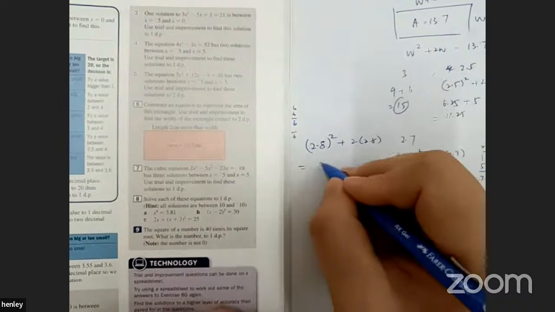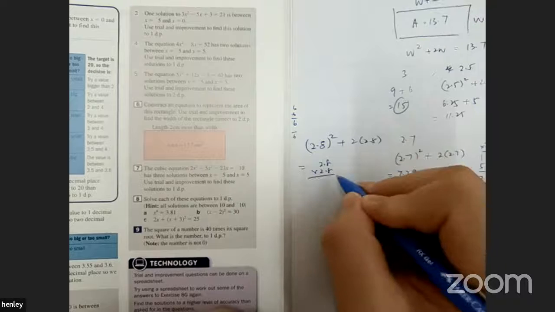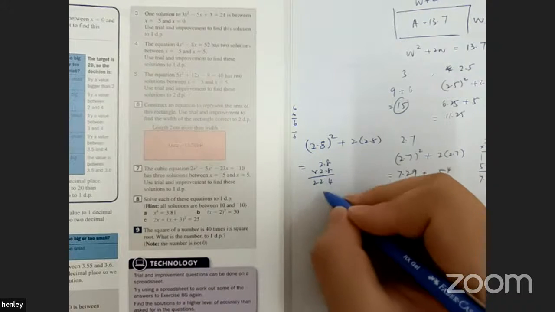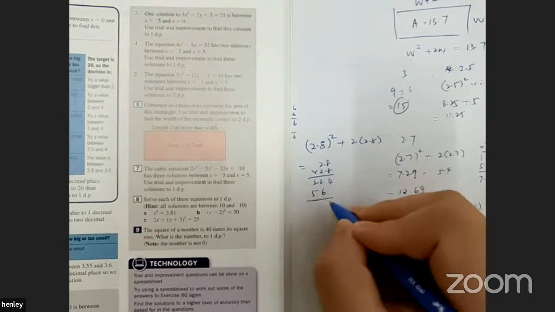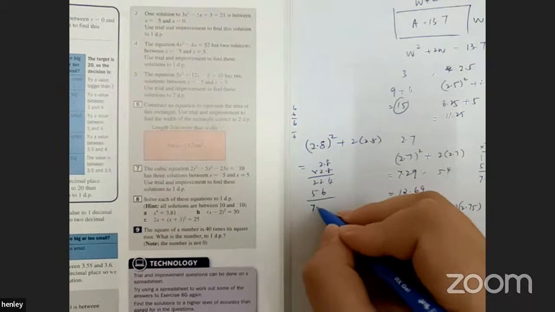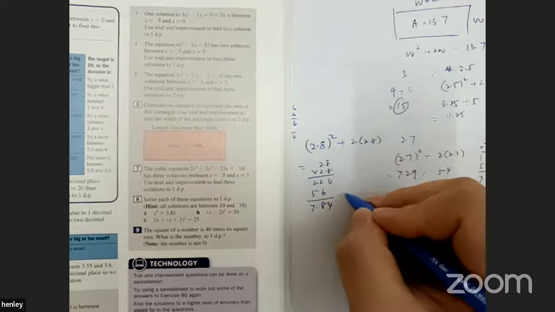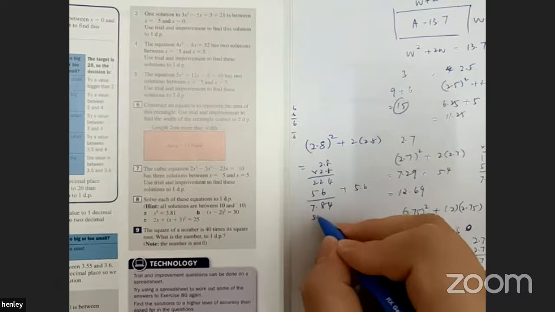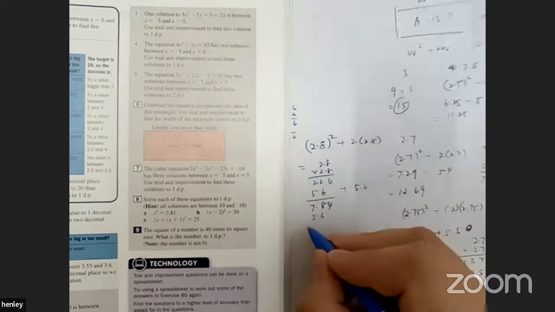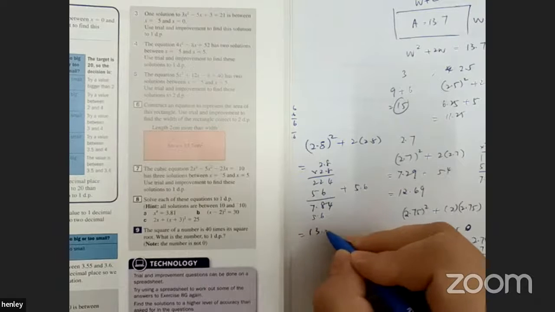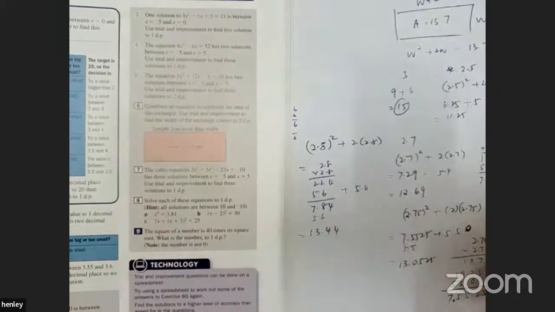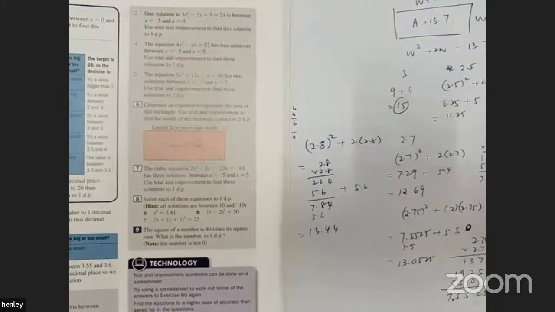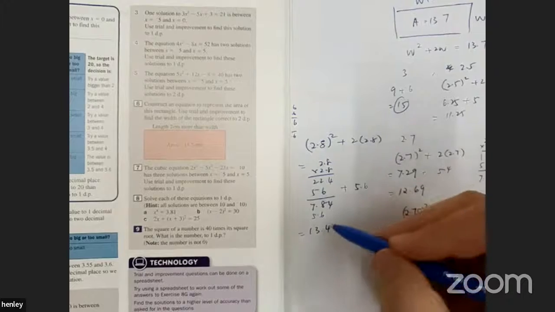So this one is 2.8 times 2.8. 13.44. Yeah, I think I made a wrong choice.